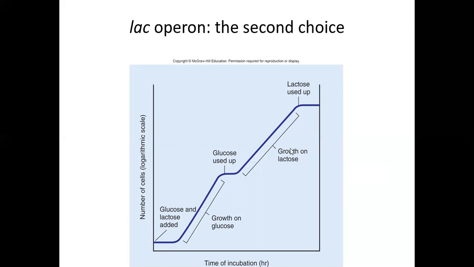Because the way I think about this is lactose is a disaccharide of galactose and glucose, and it's broken down into its monosaccharides, glucose and galactose. So lactose is getting broken down into glucose. So it makes sense that if glucose is present, then you don't want to waste energy breaking down lactose into glucose when glucose is already there, right?